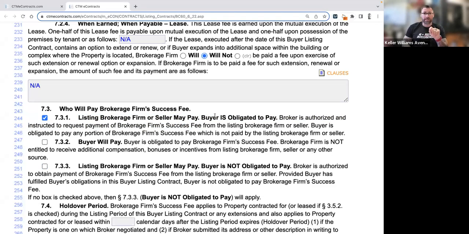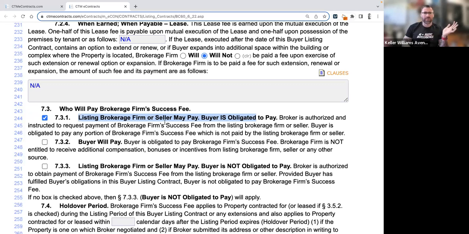You have the right to put yourself in the contract to buy and sell, right? You're not a party to it, but this one actually gives you the right to say, seller will pay buyer co-op commission of 2.8%. This actually gives you the right to put that language in the contract to buy and sell.